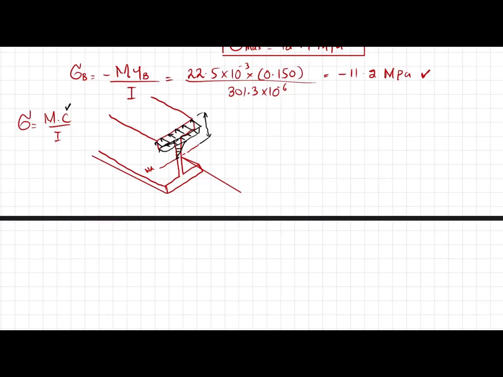If I represent it over here, this will be your stress at Y equal to C. So you will have stress like this, and again at this point you will have a lower magnitude stress.